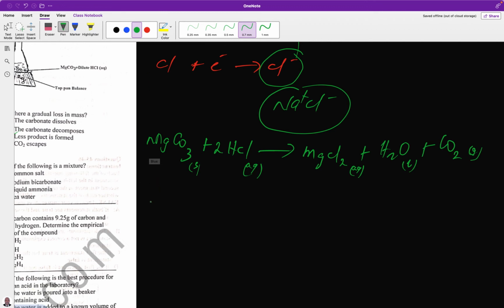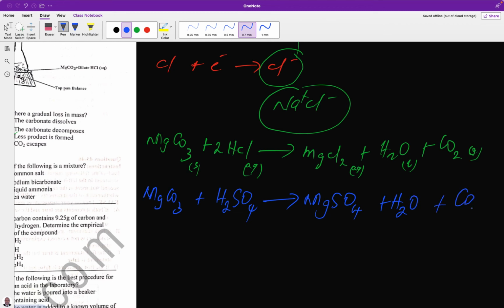There is magnesium carbonate plus dilute sulfuric acid. We will have magnesium sulfate, a salt, being formed, plus water, plus carbon dioxide.